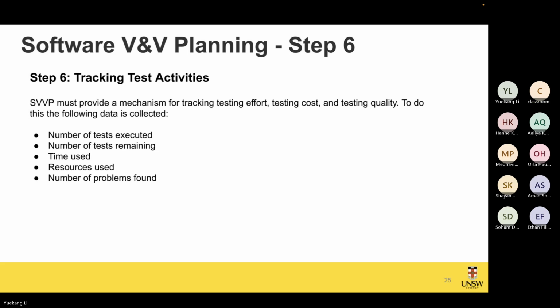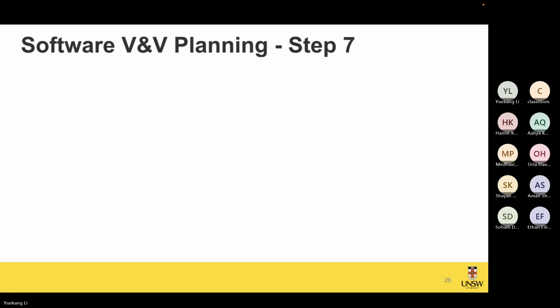When there's no bug reported, we have to show that, okay, here's the effort we have devoted to testing this piece of software. And because we have devoted a huge effort, then this software is somehow trustworthy. So this is why we need to track the activities. It is evidence to show the trustworthiness of the target software.